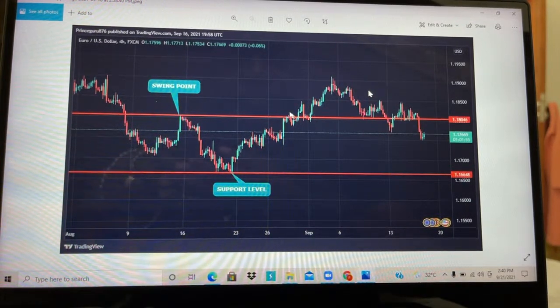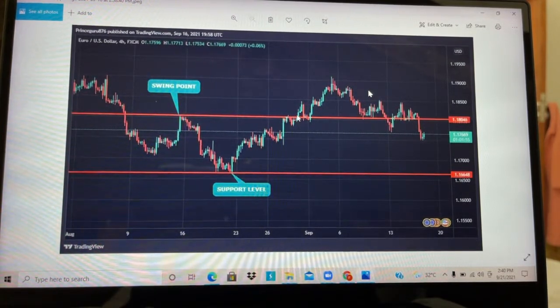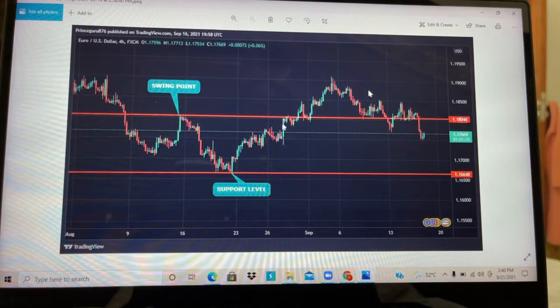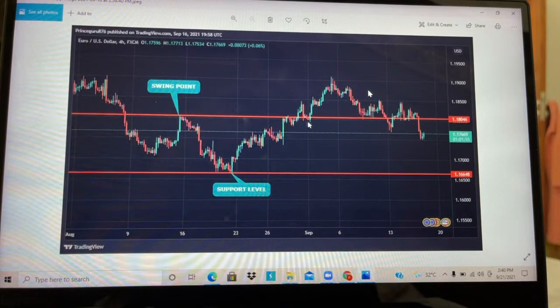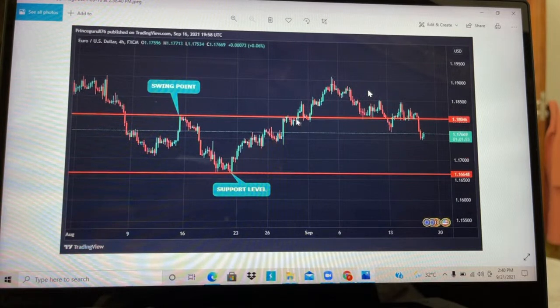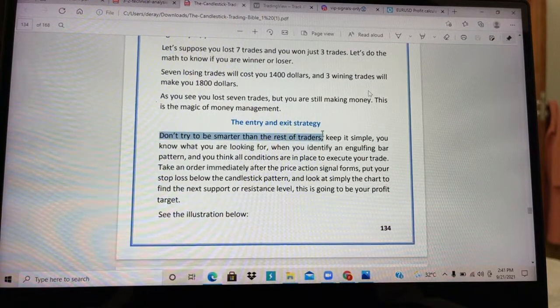But this is what it looks like to trade what you think the market will be doing, which is to drop. You want to trade based on what you're seeing and not what you think you're seeing. So you notice no engulfing to sell. So most naturally, you will not open up a sell position as yet. But as you know, some traders will try to be smarter than the rest of the traders by jumping in first.